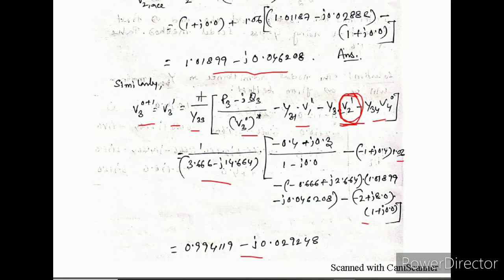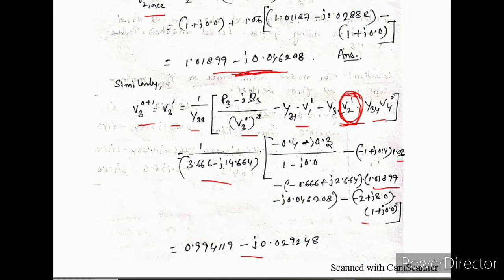So after V2, whenever we are finding V3 to the power 1, that V2 to the power 1 has been replaced by the actual V2 value, the value I found in my previous equation, that means V2 to the power 1 accelerated, that value we have to put.